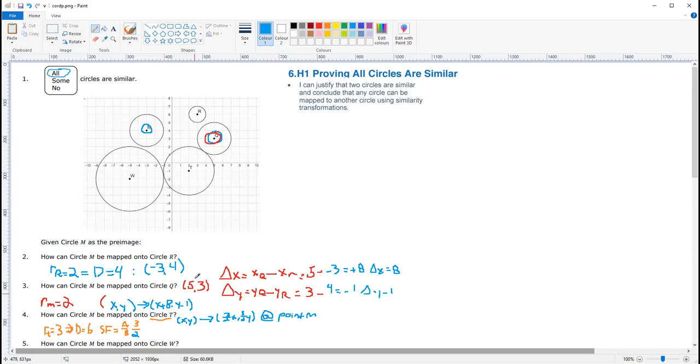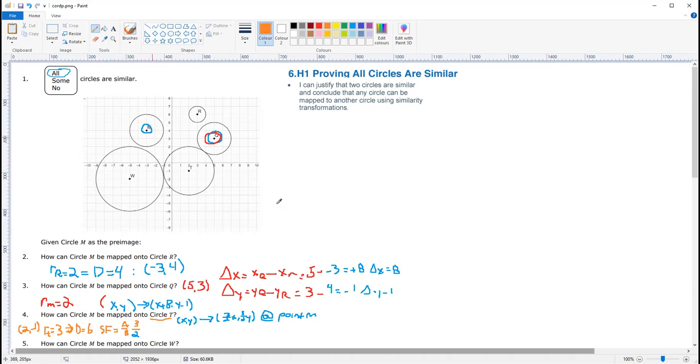And then what the center point for circle T is gonna be is 2, -1. It is what's right here, 2, -1. Okay, so again, I got to do my deltas, right?